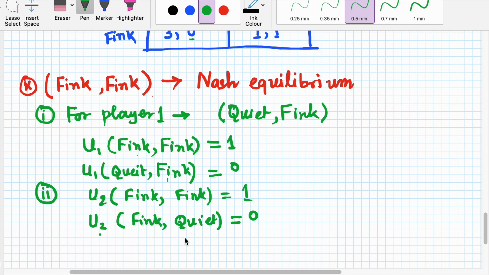So he cannot gain by deviating from fink.